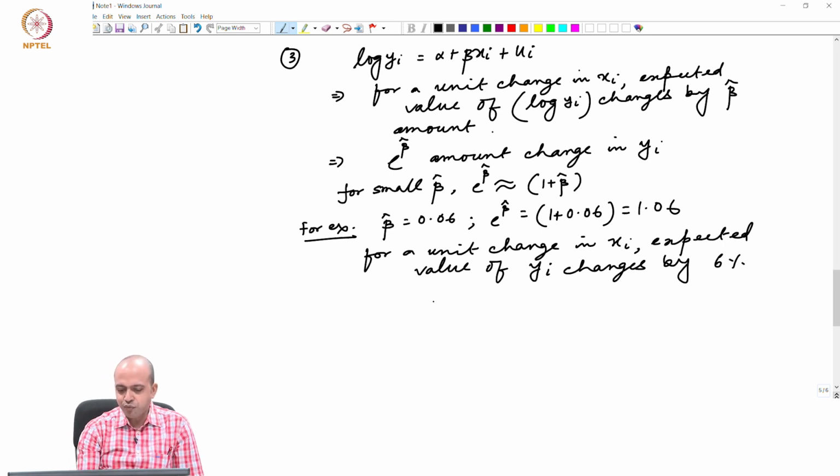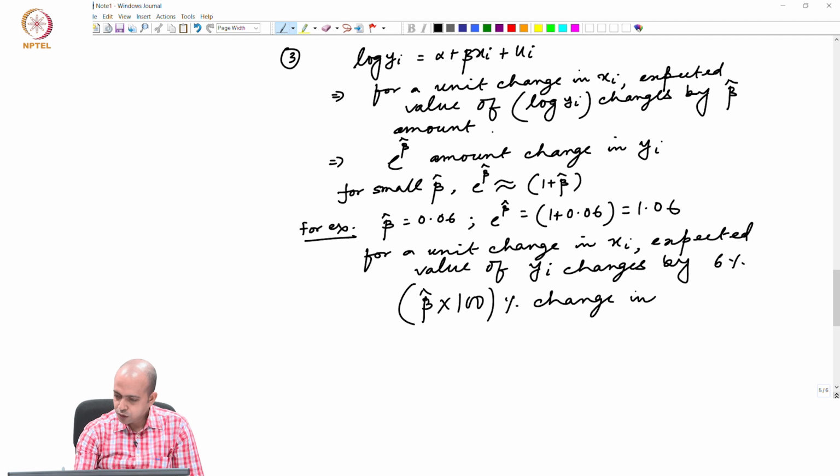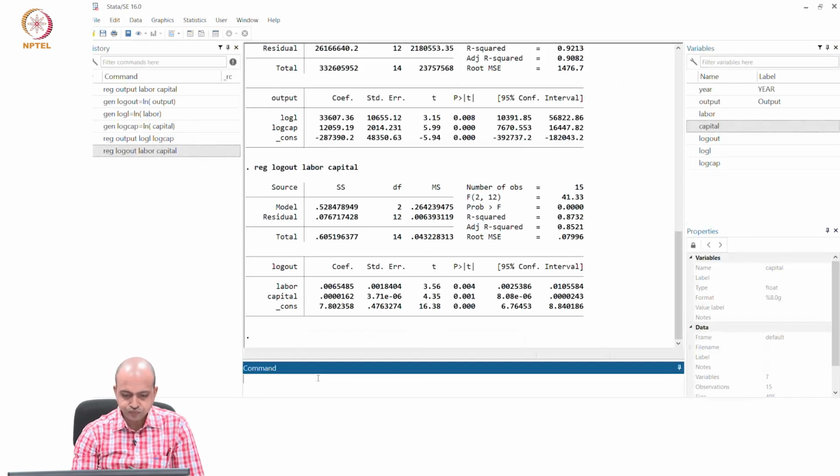That means you multiply beta hat by 100 and that would be the percentage change in expected value of yi given xi. So, you multiply beta by 100. For a unit change in x, now you come here.